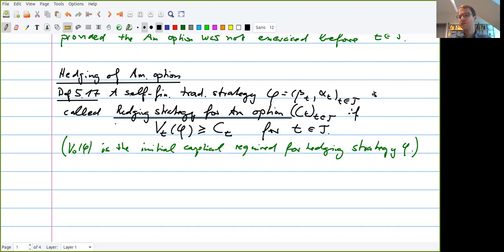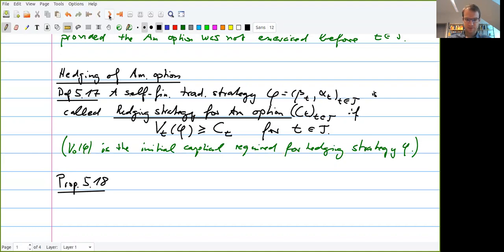And if I can find such a trading strategy, in the best case for the price we already discussed for the American option, then I'm happy to sell the American option. And this brings us to our next proposition, Proposition 518.